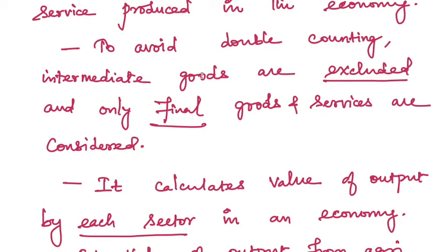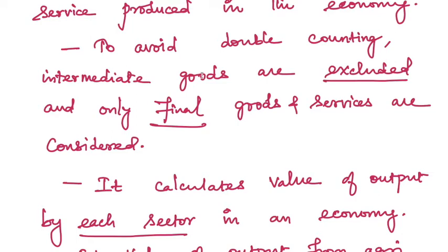For example, wheat is converted into flour, and then that flour is used in a bakery to make bread. The value of the bread includes the value of all these things, wheat, flour, and so on.